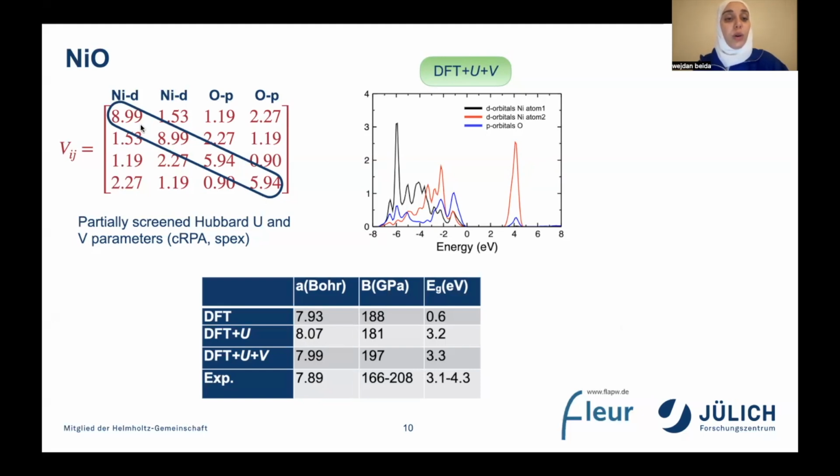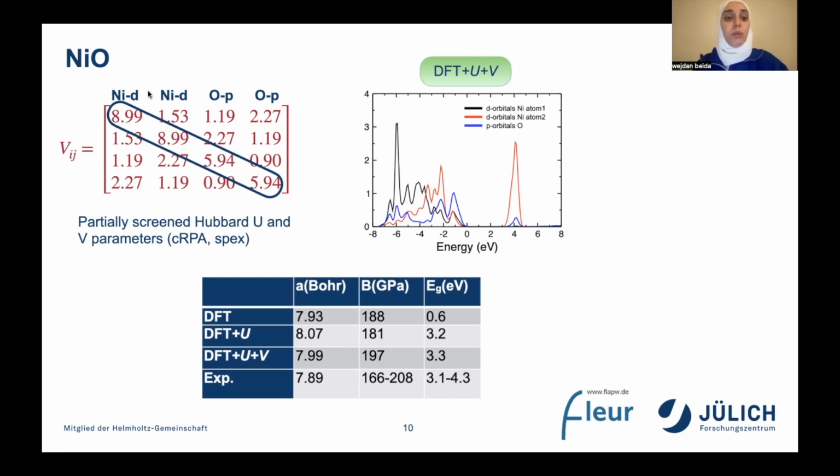On the diagonal, we have the on-site U, this is on the nickel, and these are on the oxygen. And on the off-diagonal, we have, for example, the interaction between nickel 1 and nickel 2, the interaction between nickel 1 and oxygen 1, nickel 1 and oxygen 2, and so on.